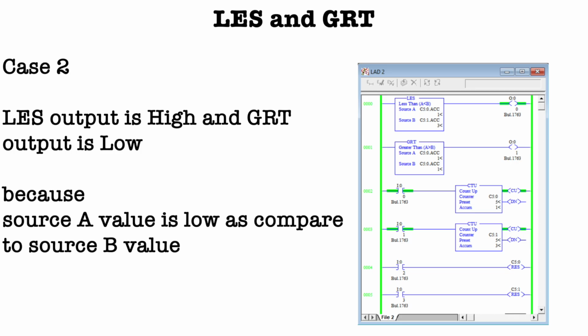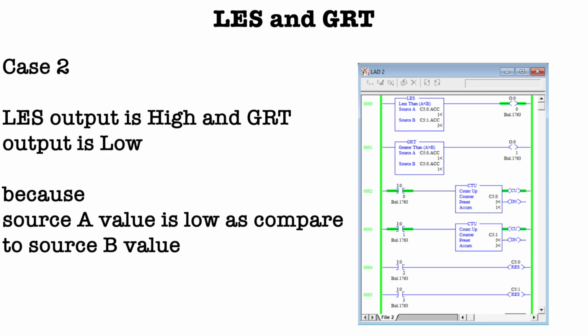So in this case my first counter accumulator value is 1 and the second counter accumulator value is 3. In the LES instruction, the source A value is 1 and the source B value is 3. So source A less than source B is true, that's why the LES instruction provides the output, that is O:0/0 is high, right?